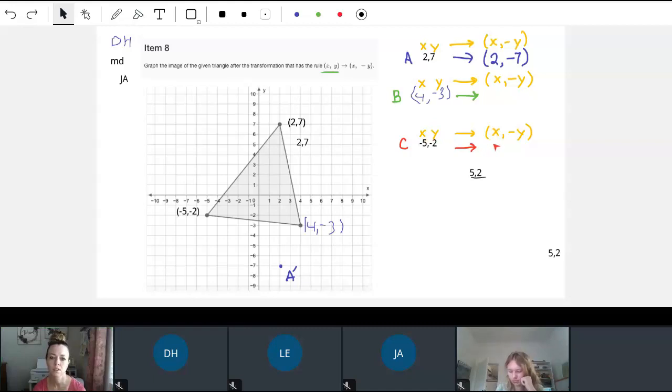What about this one? Well, let's finish this one first. So what would the x value be? We're jumping down to point C, but can anybody tell me what the x value to start with is? -5. This is saying just copy it over. You don't have to do anything to it. Just copy it on over.